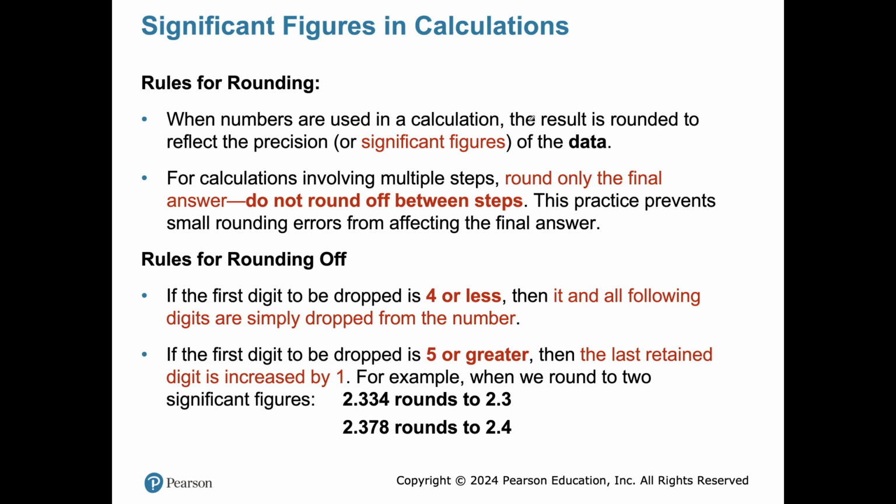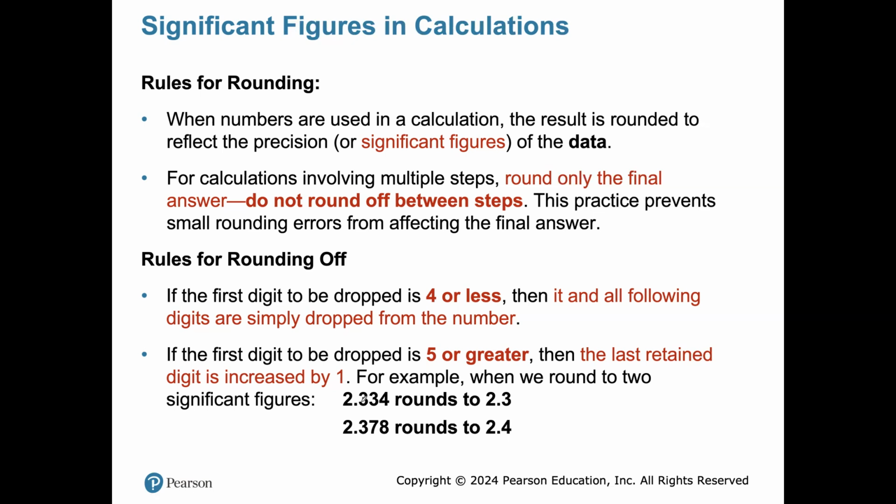So, rules for rounding off. If the first digit to be dropped is 4 or less, then it and all the following digits are simply dropped from the number. For example, let's say we want to round 2.334 to two significant figures.